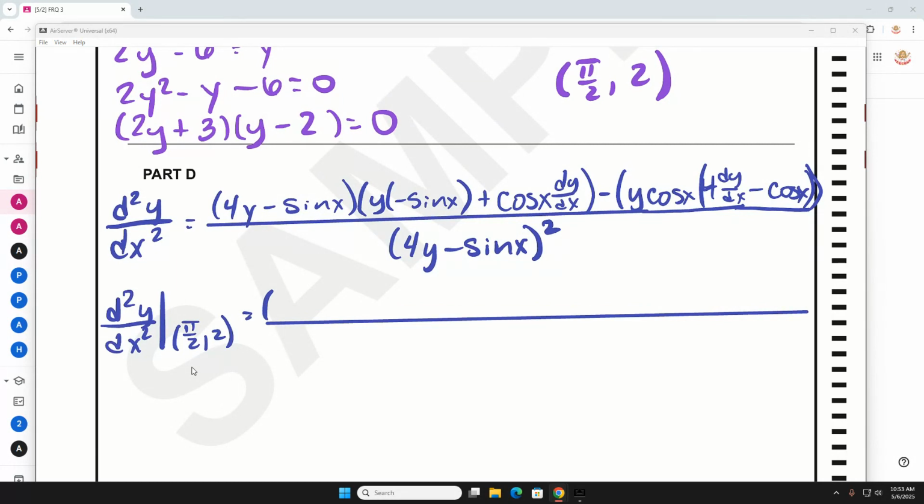All right, so in for y, I'm going to put in 2. In for x, I'm going to put in pi over 2.